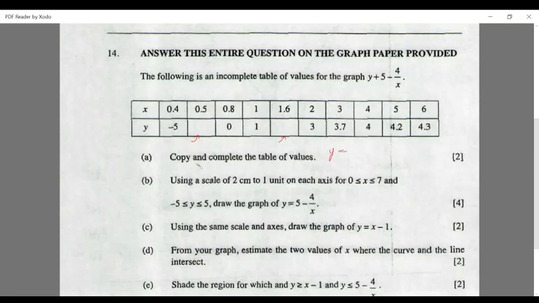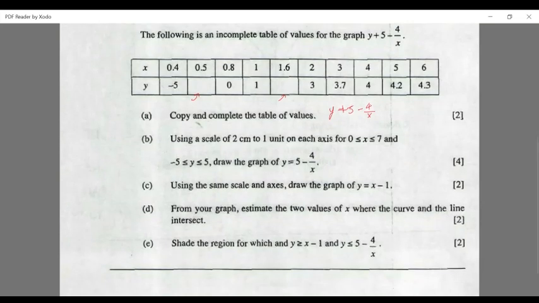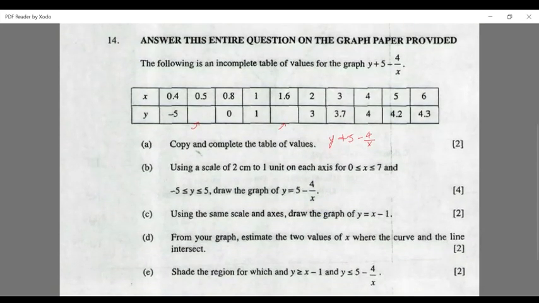So they say that the graph is y plus 5 minus 4 over x. Okay, that's kind of a really weird way of writing this. I'm assuming there's an error here because they show two different functions here.